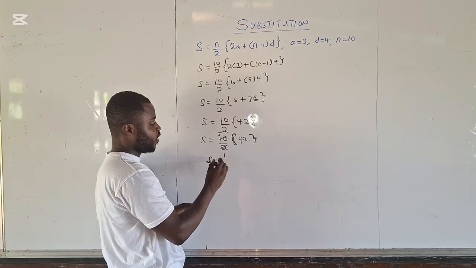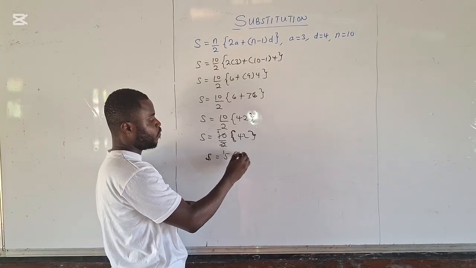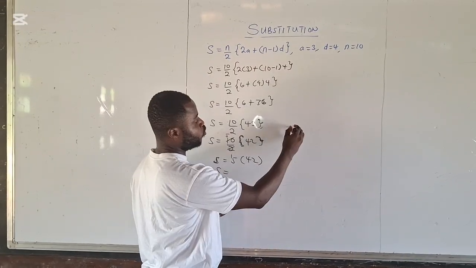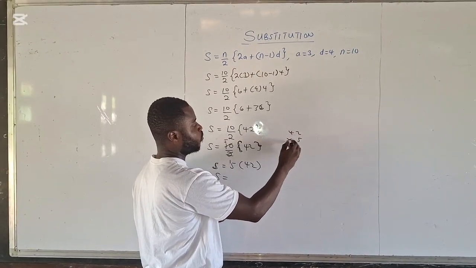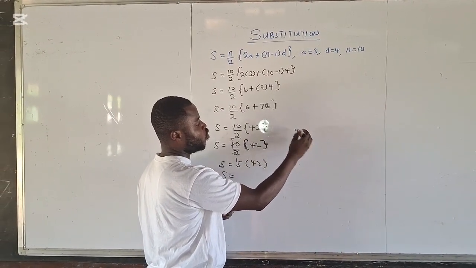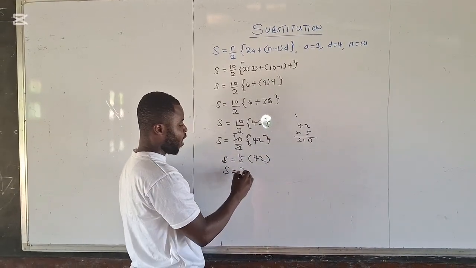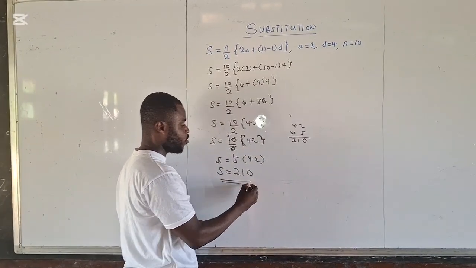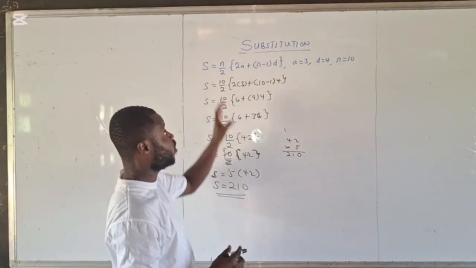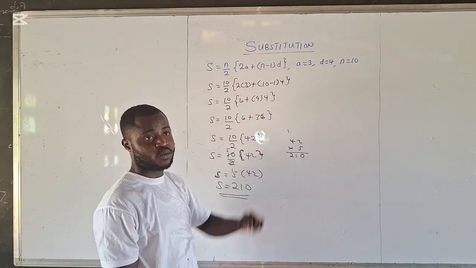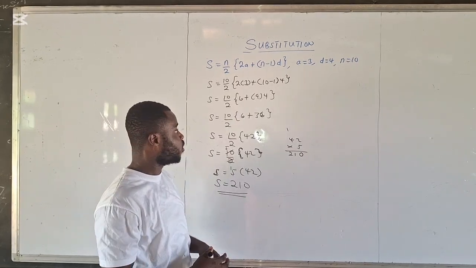Now, our S is equal to 5 times 42. So, our S is equal to 42 times 5. 5 2s are 10, 0 remainder 1. 5 4s are 20 plus 1, 21. So our S is equal to 210. So this complex question, this time we've made it simple for every student to understand.